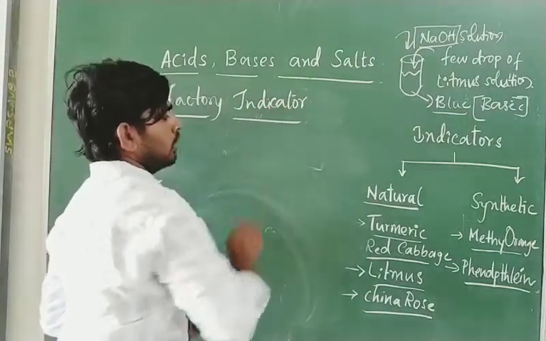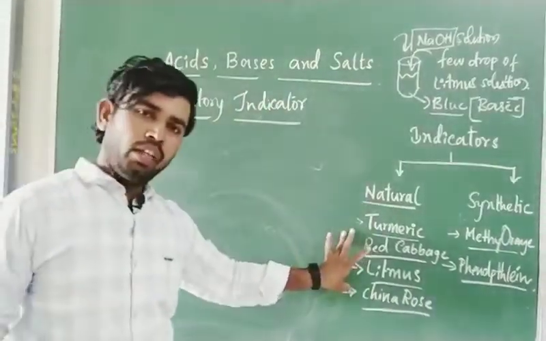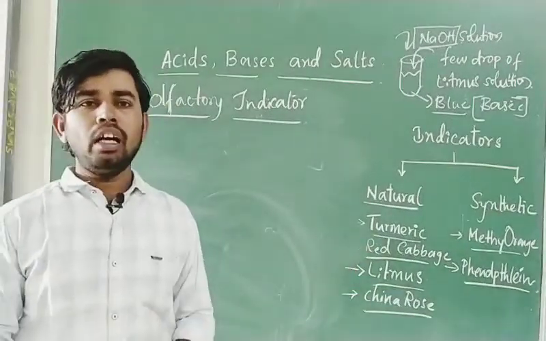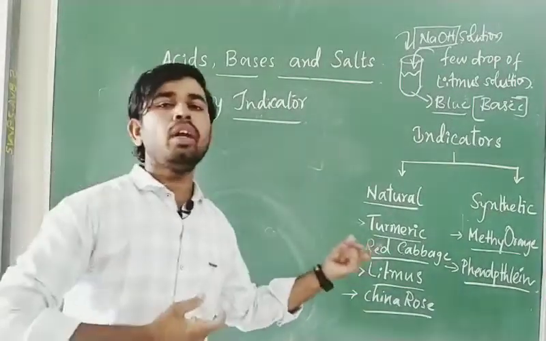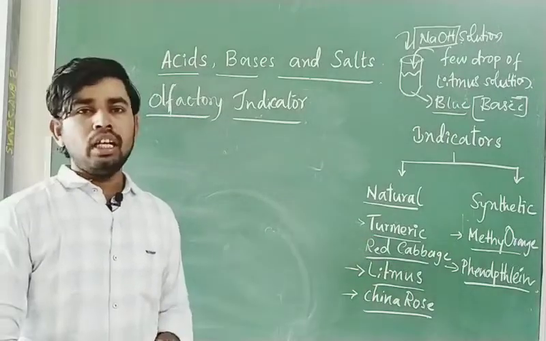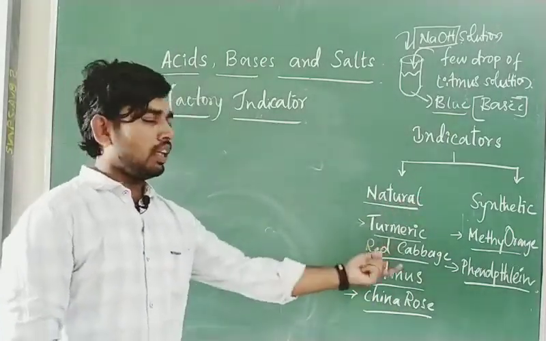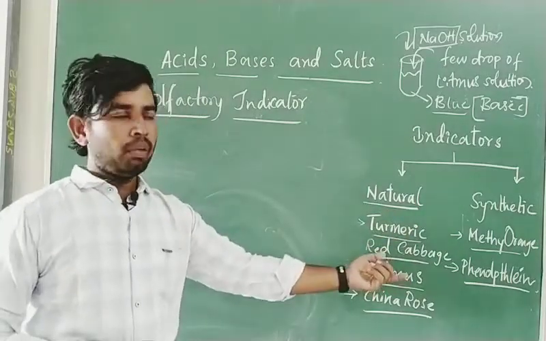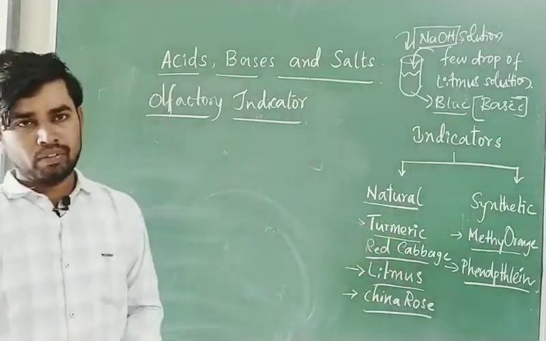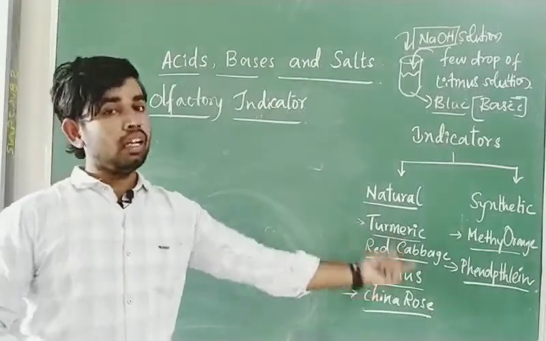Remember, just now I talked about all these indicators. What we are doing is taking a sample, an unknown solution which we want to identify as acid or base, and adding a few drops of any of these indicators. They will show their respective color in acid or base. By referring to that color we identify it.